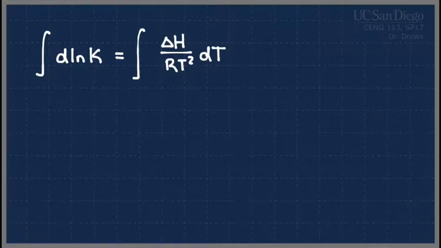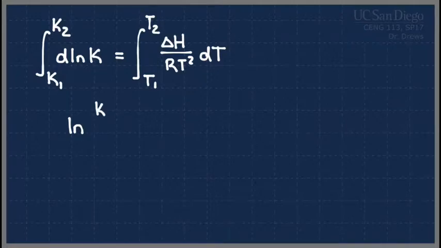Right? If I separate that and I just set the bounds completely arbitrarily, so I can go from any temperature T1, which can correspond to any K1, as if somebody gives me that K1 at a particular T1, I can use it, to any other T2, and I want to calculate the corresponding K2.